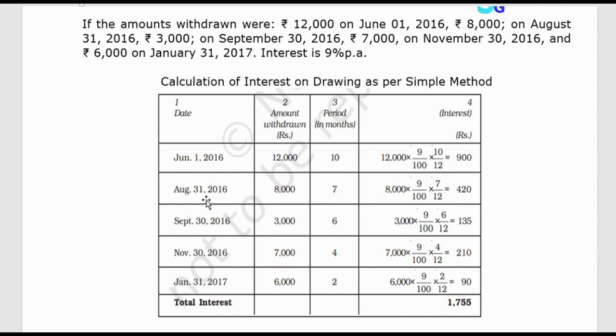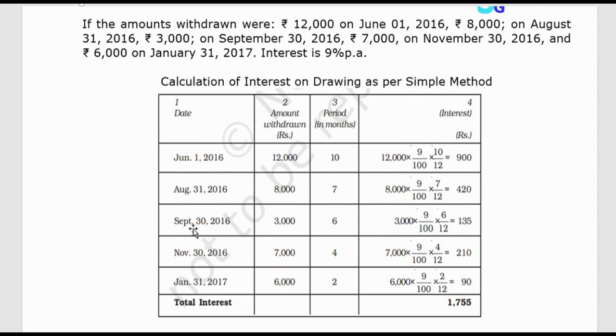Next, it is August 31st, 2016. The amount withdrawn is 8,000, and from 31st August, if you count months till 31st March, you will get 7 months.